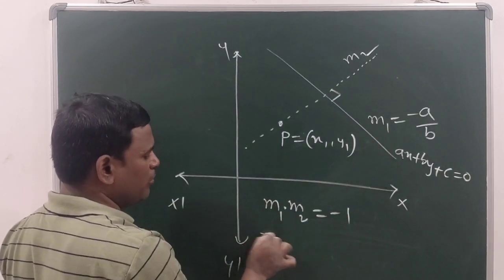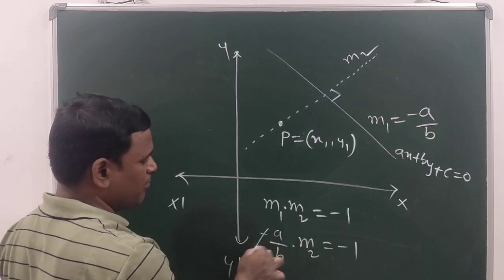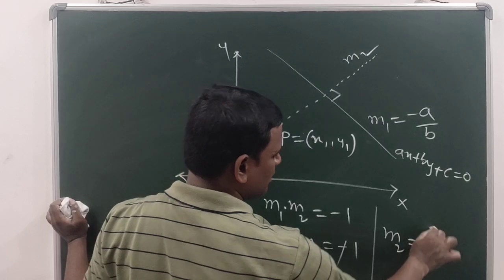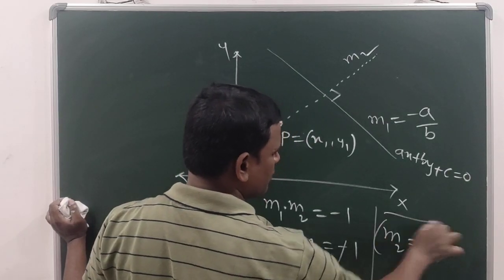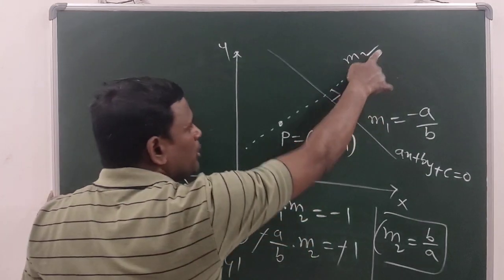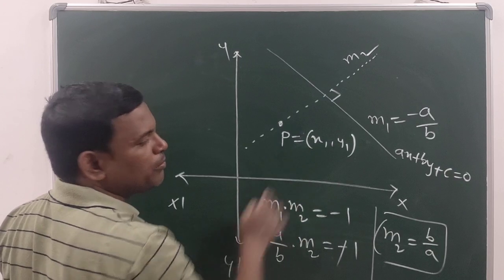Now here m1 is minus a by b, into m2 is equal to minus 1. Minus minus cancel. Now m2 is equal to how much, students? b by a.